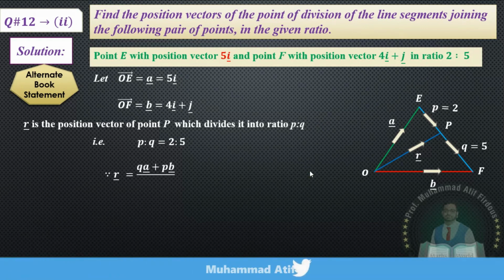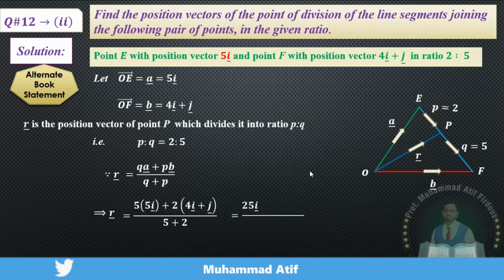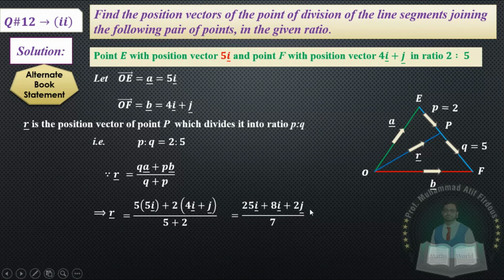So by just putting the values in the ratio formula, we have 25i plus 8i plus 2j, or more simplifying, we have 33 over 7 i and 2 over 7 j. So that's it. It's a different way, different statement to solve this question.